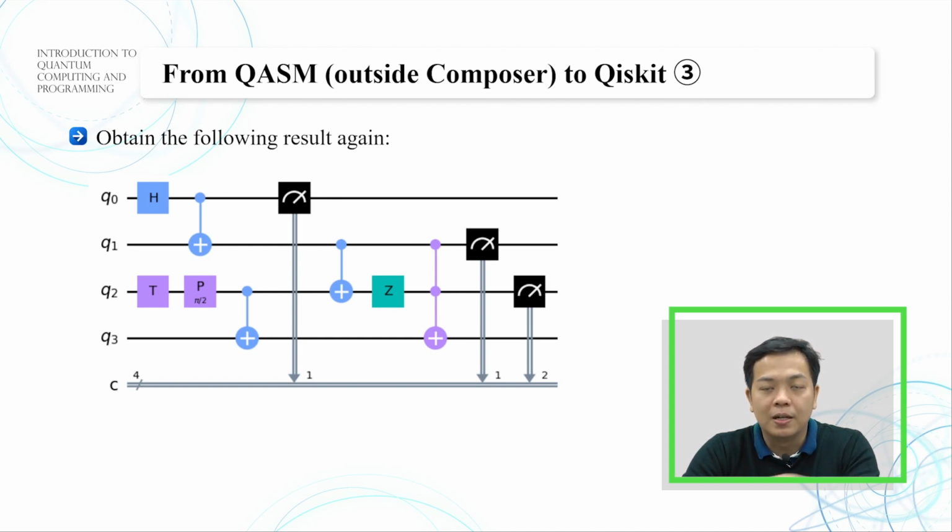You can copy that. Second, no matter whether you code in QASM or Qiskit, the result will be similar, even in the IBM Composer or the Google Colab. I hope you see those two key points.